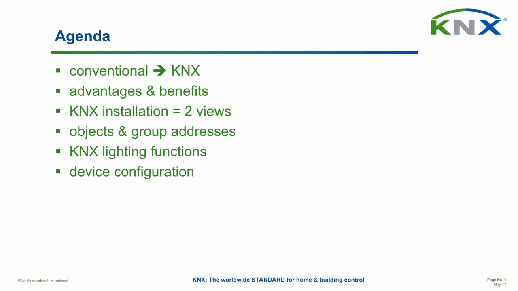That will allow me to explain the advantages and benefits of KNX, and then later on I will have a look at the KNX installation, in 2 different ways. So I have 2 views on the same KNX installation, but of course I'll explain that when I get there. Next topic is objects and group addresses.